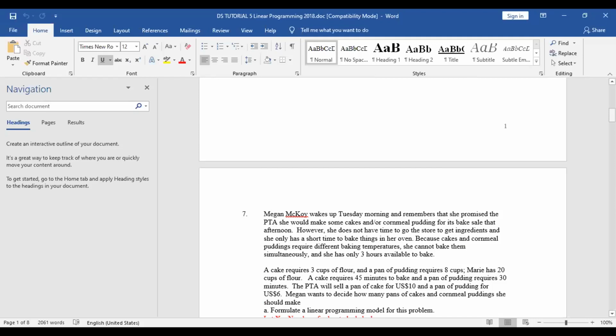When she goes to the PTA to sell, she's going to make US $10 profit off the cake and US $6 off the pudding. She wants to know how many pans of cakes and cornmeal she should make. But part A simply says formulate the linear programming problem.